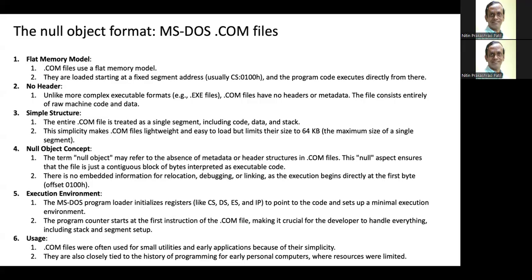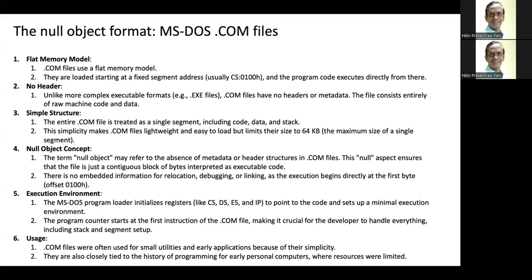Now, from the execution perspective, in the execution environment of MS-DOS, the program loader initializes all registers like the code segment, data segment, extra segment, and the instruction pointer or program counter to point to the code.